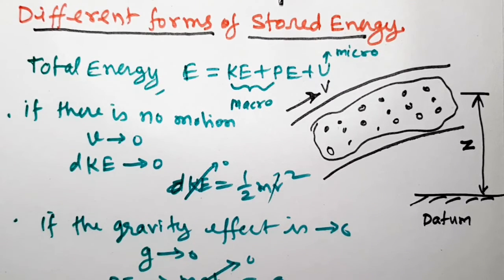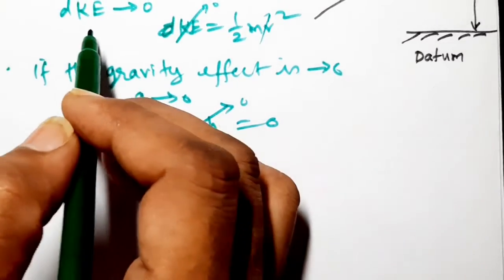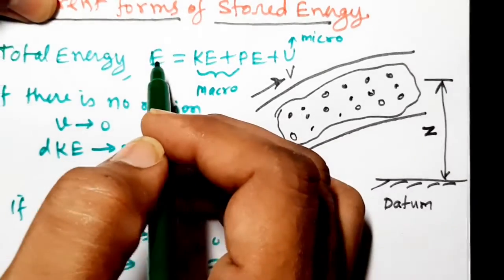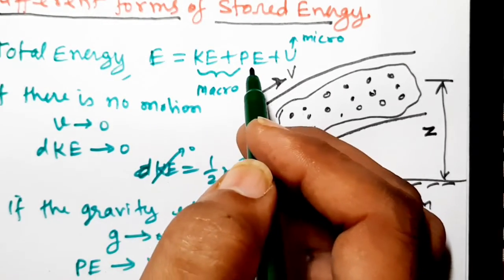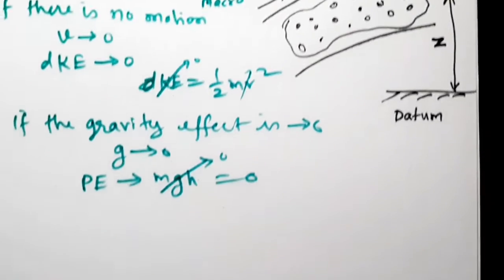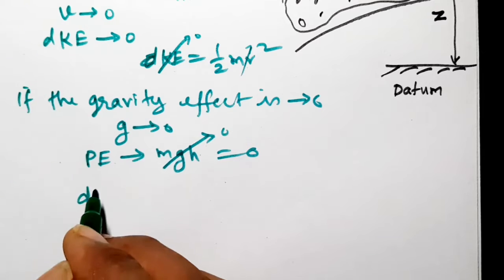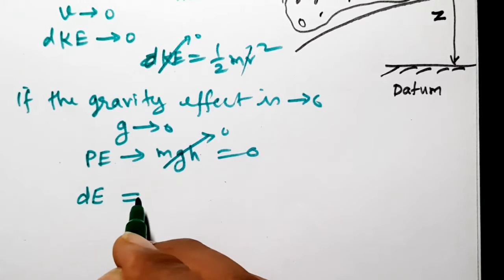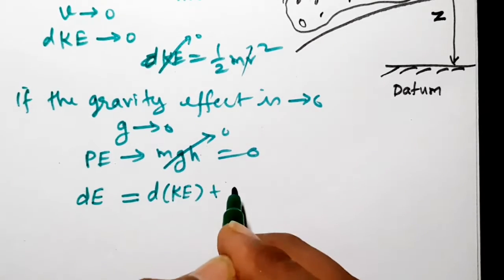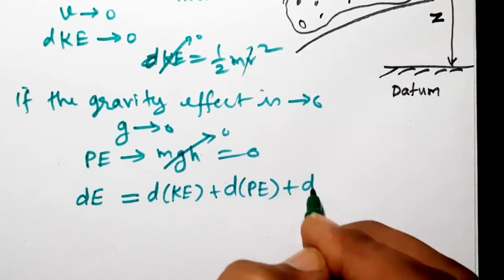So here we can say this energy E is equal to KE plus PE plus U can be written as dE is equal to dKE plus dPE plus dU.